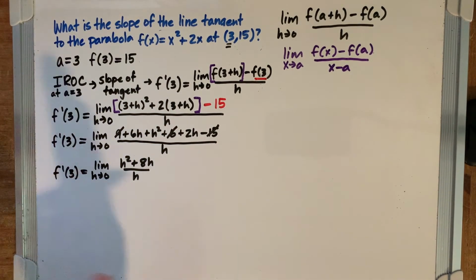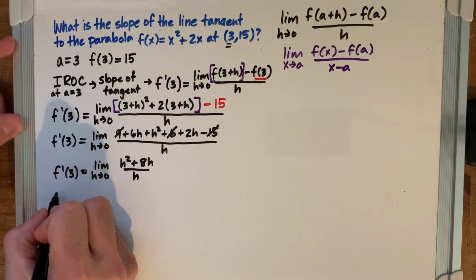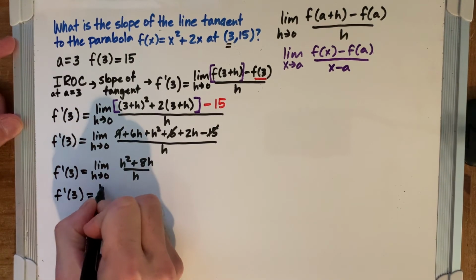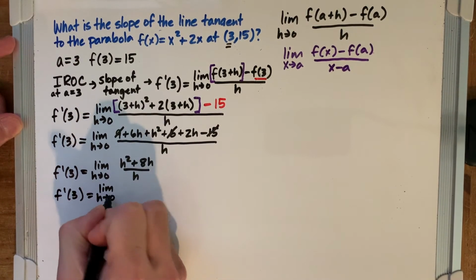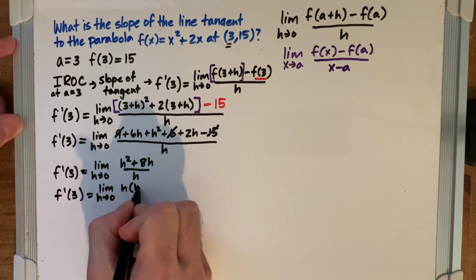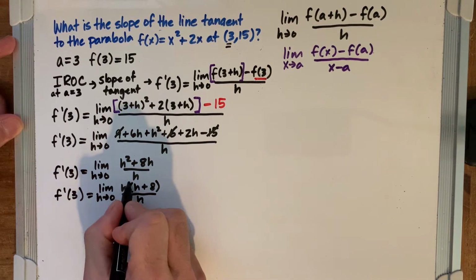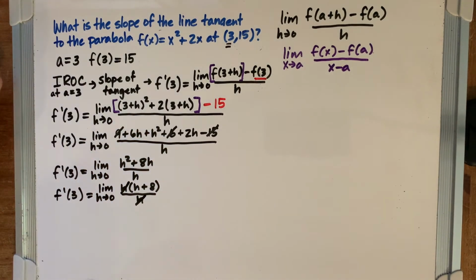Notice all of the terms that do not have an h in them have mysteriously canceled out. And so I can factor out an h out of my numerator. And that's great because when I factor out the h, it will cancel the h that's in the bottom that's causing me problems.